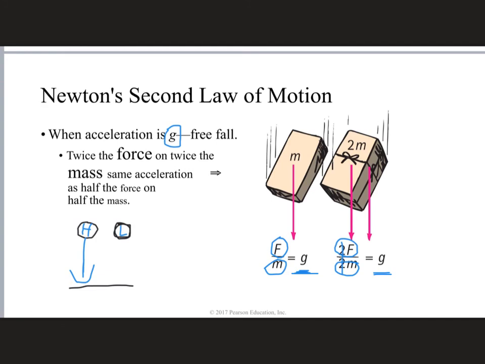Now, there is one exception to that, because implicit in all of these discussions is we're pretending that air resistance doesn't work. But in the real world, air resistance does work. And so things that have more area to catch the air may get more air resistance, or things that are very, very light, like a piece of styrofoam, may be buffeted by wind currents more than something like a bowling ball would.